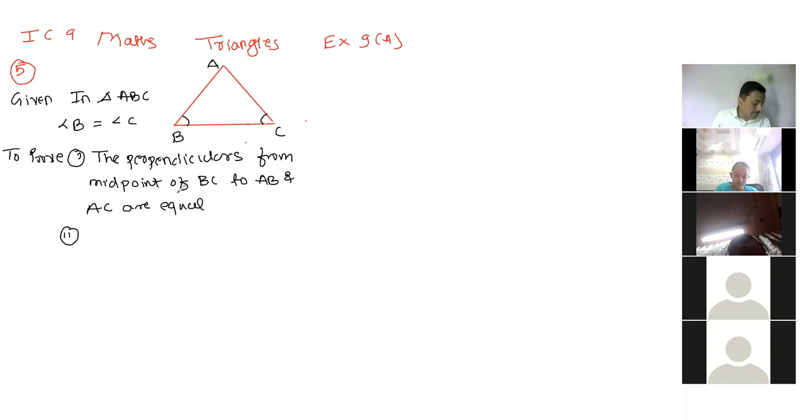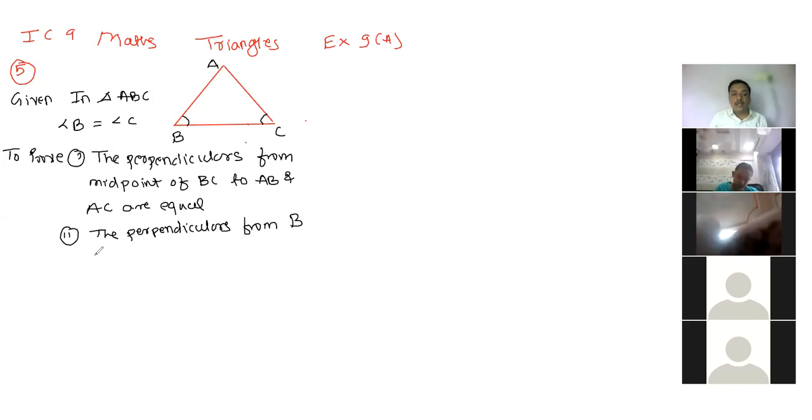There are two parts: the perpendiculars from B and C to the opposite sides are equal.